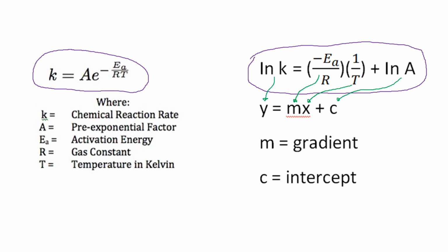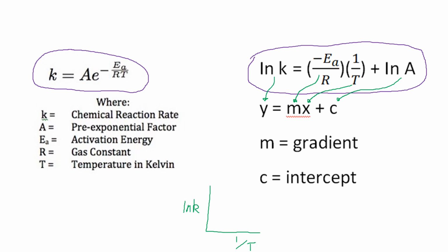What we're interested in is, therefore, if we plot a graph that has the natural log of k on the y-axis and 1 over T on the x-axis. So we measure the rate constant at different temperatures. So you do exactly the same experiment as with the iodine clock, but at different temperatures.